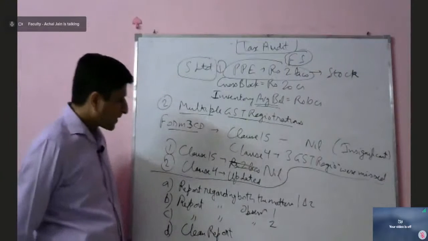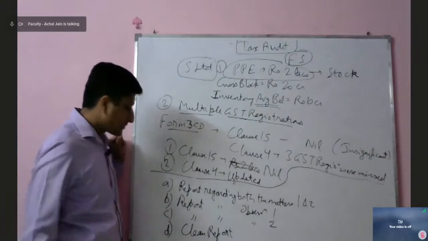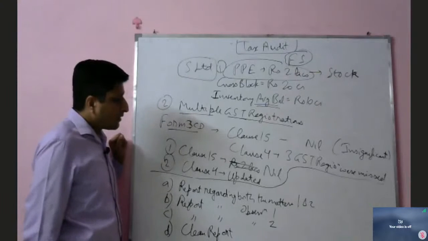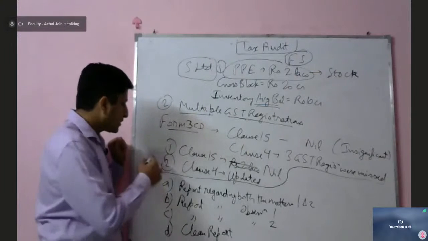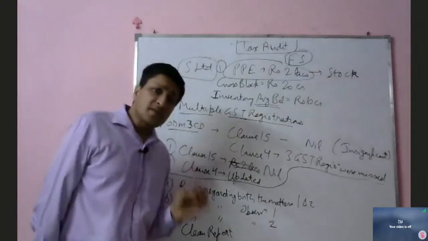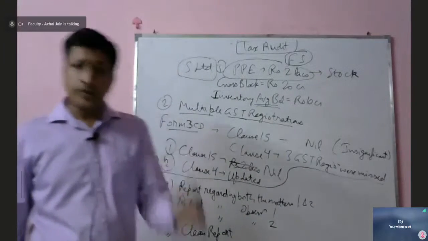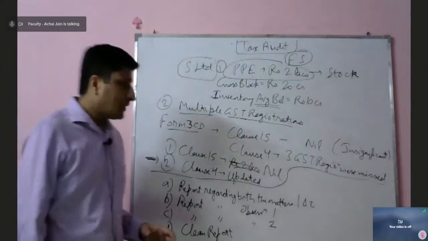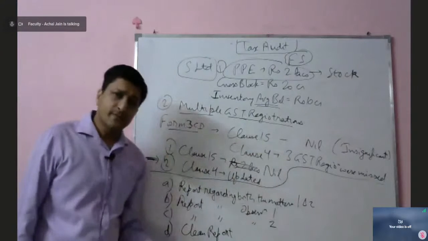First option, he should report regarding both the matters. Now, when he will report regarding both the matters, there seems to be a problem around observation number 2. This was definitely pointed out by the auditor, but the final form number 3CD is now corrected, updated with the missing information.